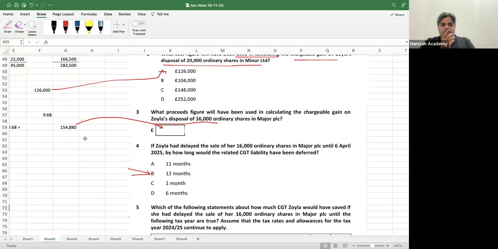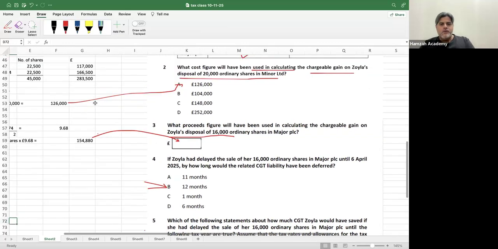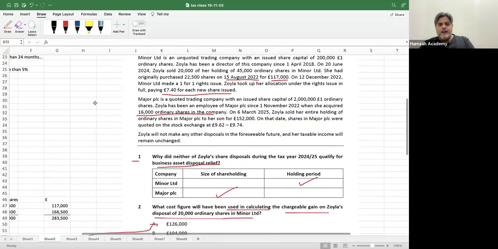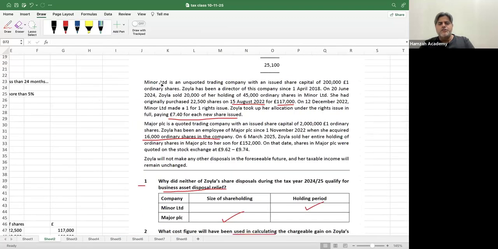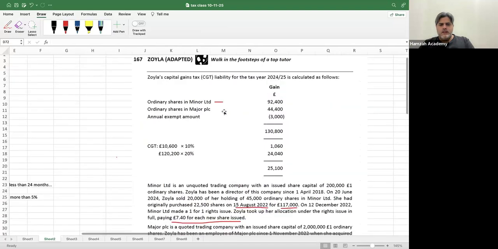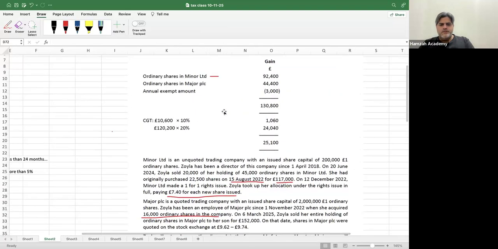So the amount of the disposal proceeds is 16,000 over here. Okay. So now if I go into the minor, the annual exempt amounts are over here.